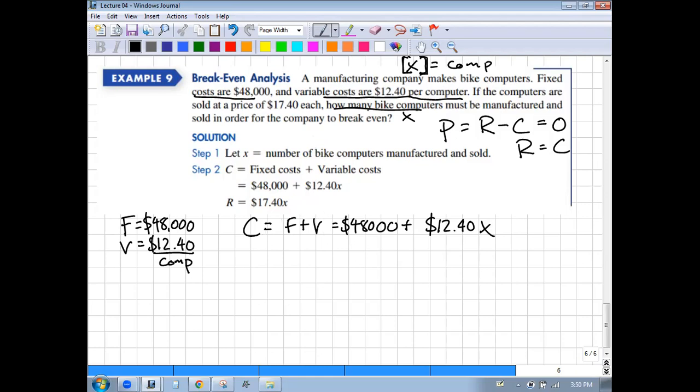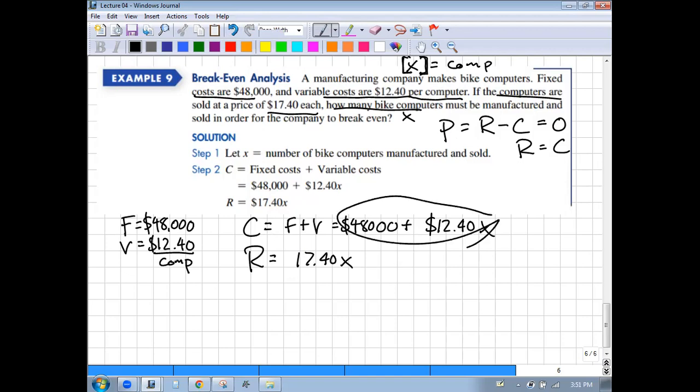But here's our cost: 48,000 for the plant, and then $12.40 times the number of computers. We want to set revenue equal to cost, so we need an expression for revenue. They say we're selling the computers for $17.40 each. So the revenue is $17.40 times the number of computers. That's how much money we get.